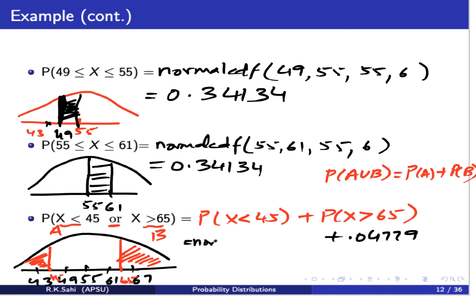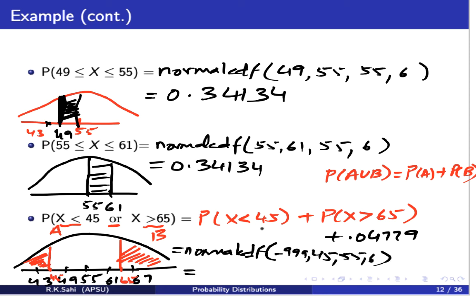Now let's look at this one, x less than 45. So it's normal CDF. Okay, so let's write this one. This is equal to normal CDF less than 45. It's negative 999, 45, 55, and 6. What are we going to get? Let's go ahead and get our calculator.